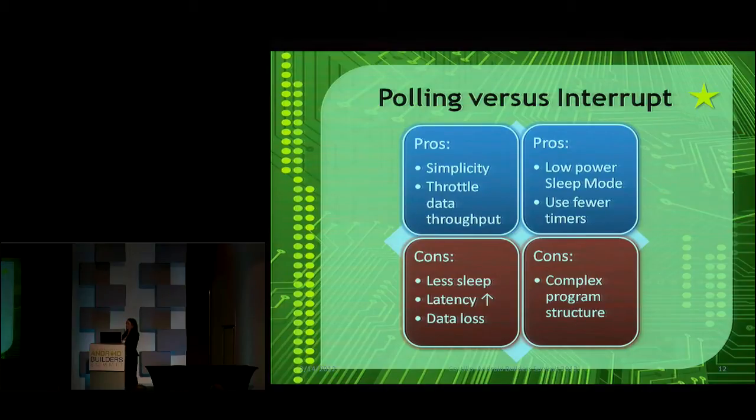If you go to interrupt, you're going to utilize that low power sleep mode more readily. You're going to use less system resources such as timers. Cons are, and I don't think this is a very big con, if you're comfortable with writing ISRs and multi-threaded applications and sharing resources among multiple threads, this complex program structure con is not very much of a con.